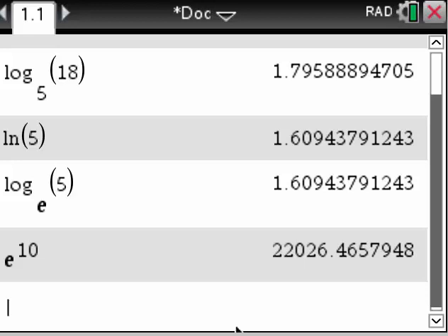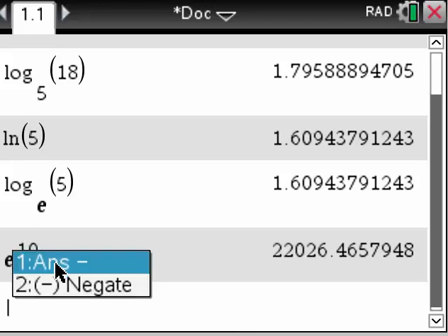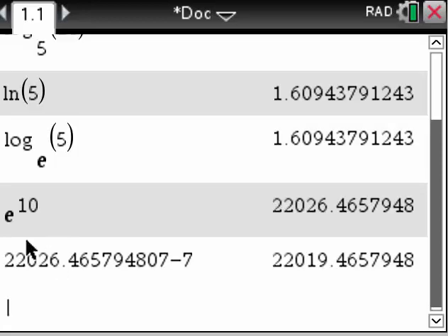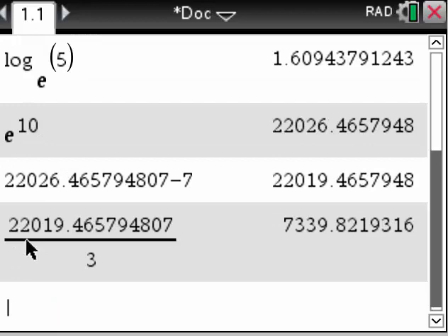So I need to subtract 7 and then divide by 3. And to the nearest hundredth, a is 7,339.82.